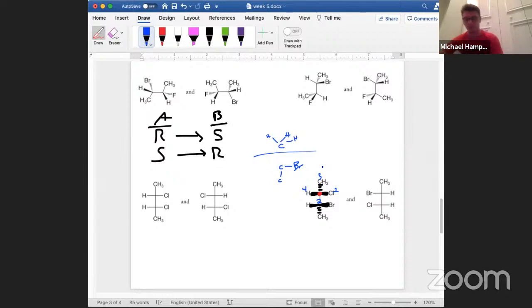You simply find your rotation. 1, 2, 3, 4. What is this rotation looking like right now? R or S, based on the arrow I just drew? R. Now the little caveat, the only thing you have to remember is if your lowest priority, 4, is on an arm, flip.